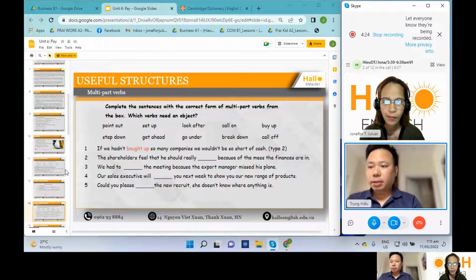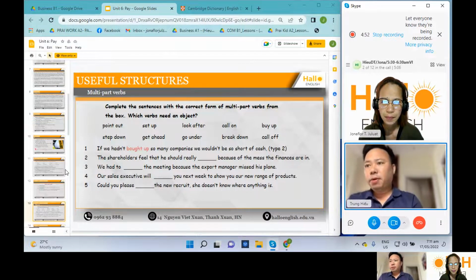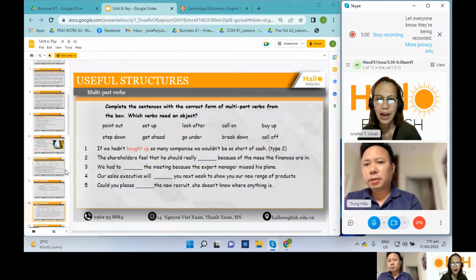So shareholders feel that he should really what? I think it's break down. Yes, so he should really break down because of the mess the finances are in. Okay, good. How about number 3?